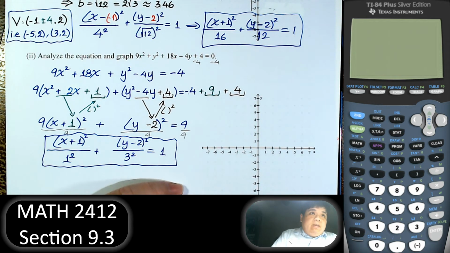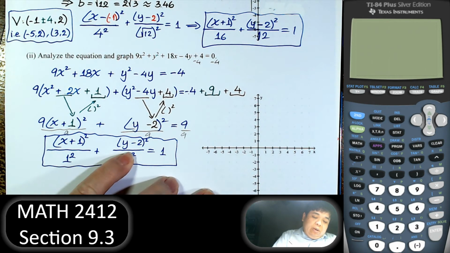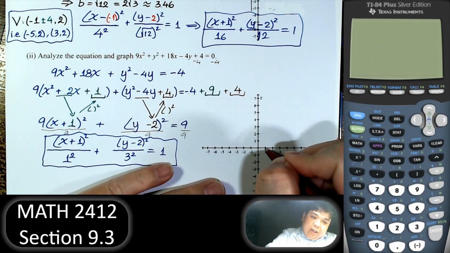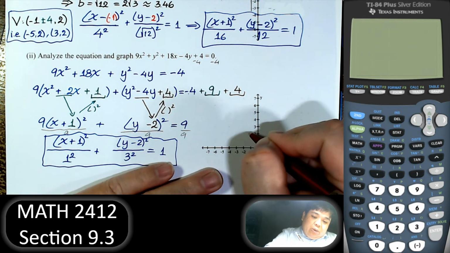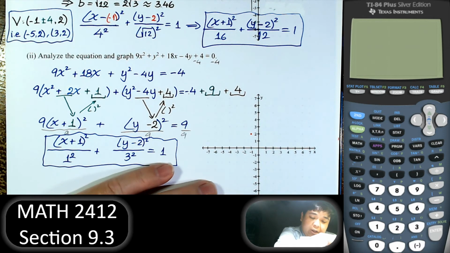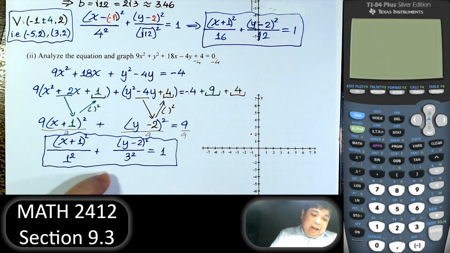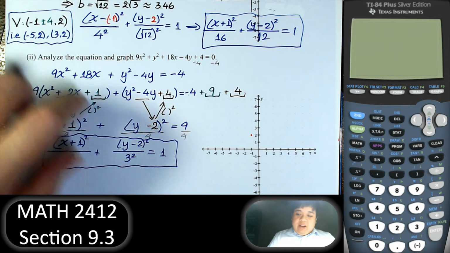So we have the center as -1 and 2. X equal to -1, y equal to 2. And then if we just want the graph, it's easy. One unit left and right.